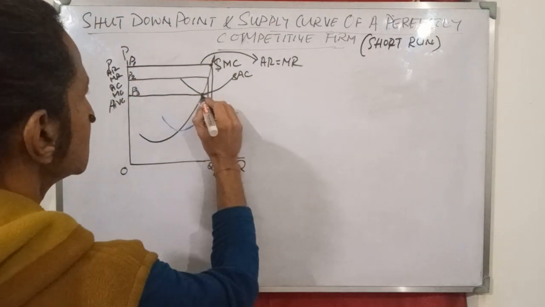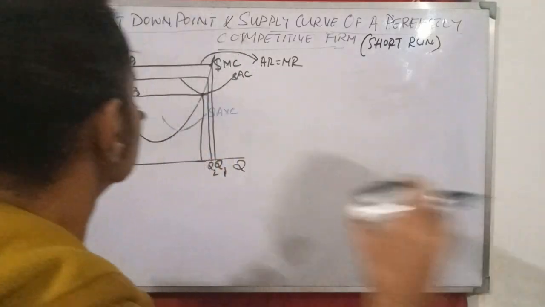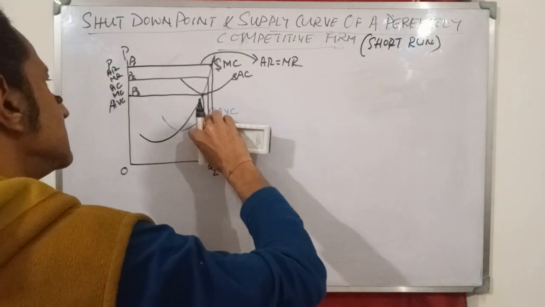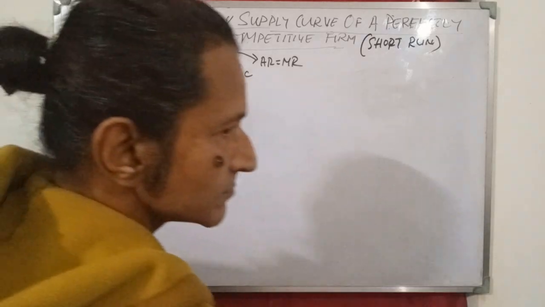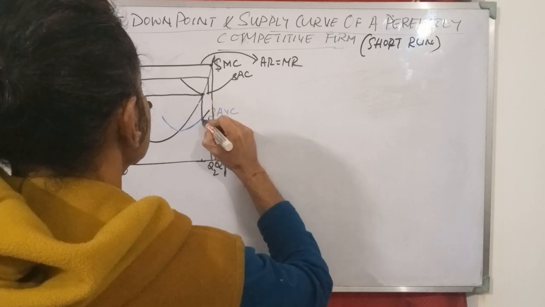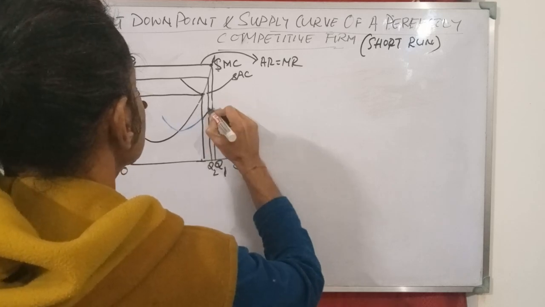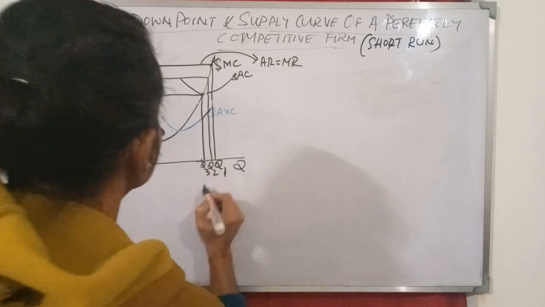So the firm is producing say Q sub 3 units.